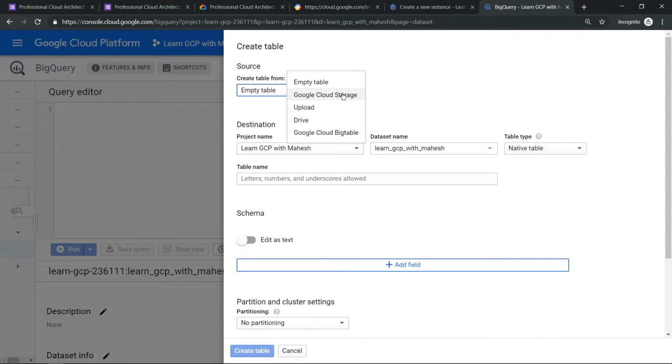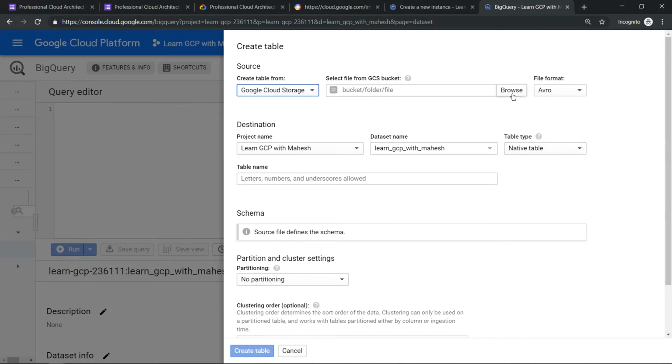You can directly load the data into a native table, or you can make it external. For example, if you choose Google Cloud Storage, you have the option of uploading that. And if you recollect our part 3 video, you can upload all your files via FTP to your Google Cloud Storage. That was what I had mentioned.